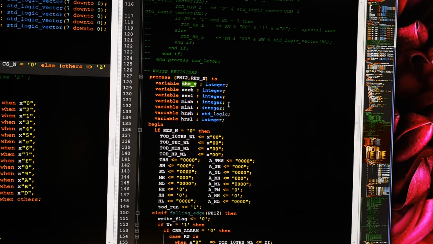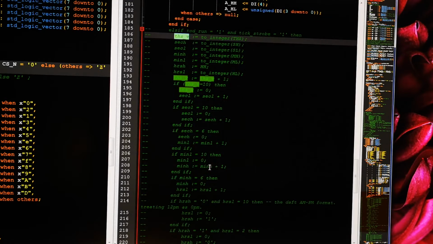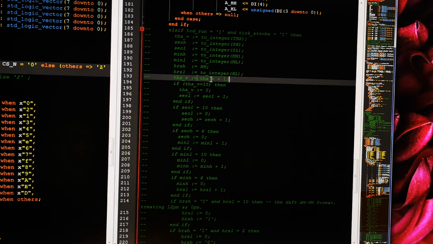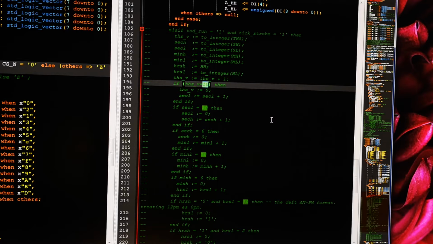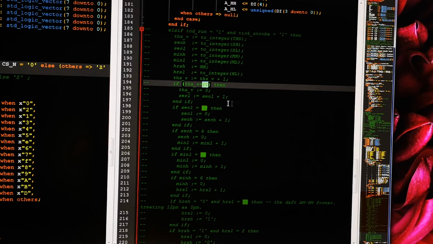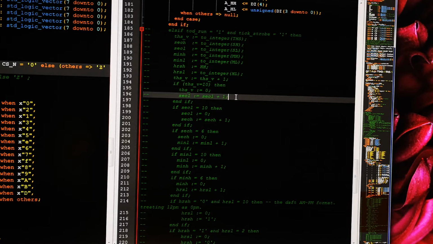You can have variables in processes, and whenever you have a rollover situation, like the 10th or 10, then you want to increment the next. So you have a carry logic, basically. It will carry to the next.